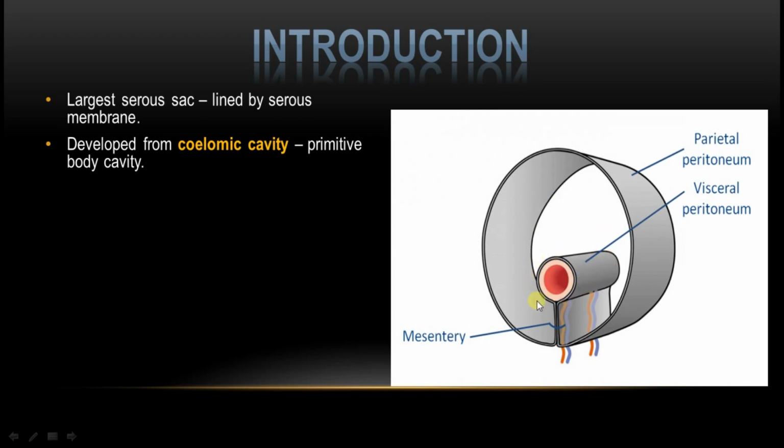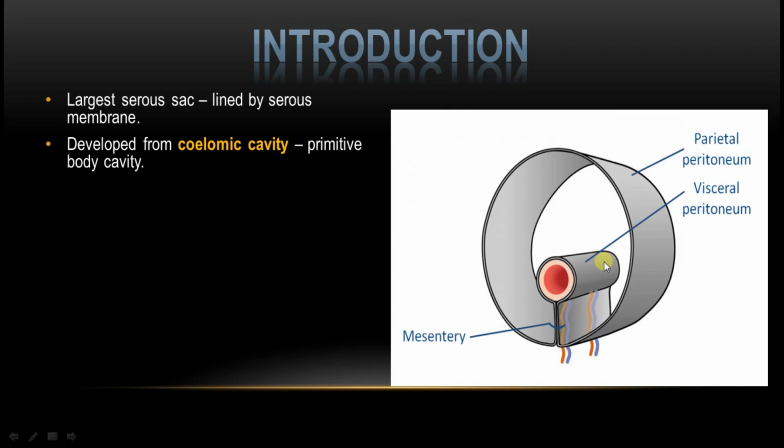So you have one layer of this serous membrane, the peritoneum, which is adhered to the viscera. The other one, the original one, is present around your body wall, and the space between these two is your peritoneal cavity.